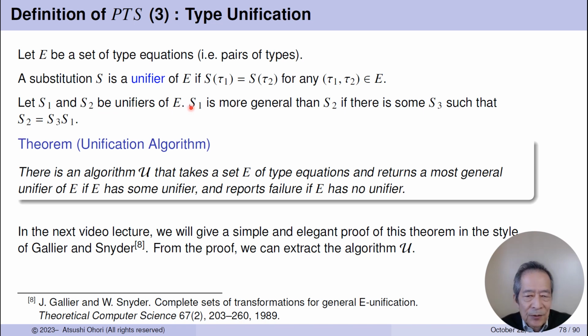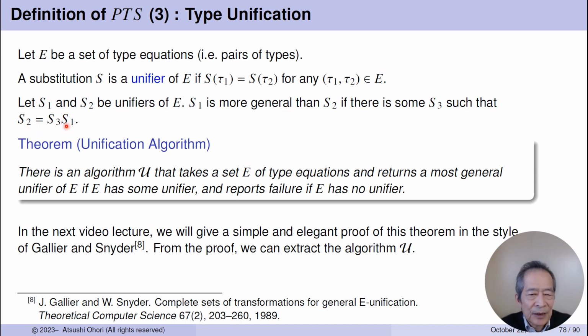And then we can define a relation on substitutions. S1 is more general than S2 if there is some S3 such that S2 can be obtained by composing S3 with S1, right? So S1 can be specialized to S2.